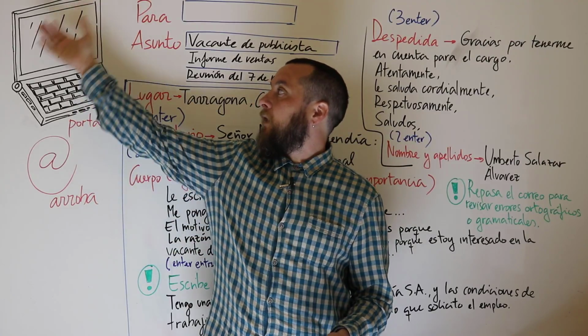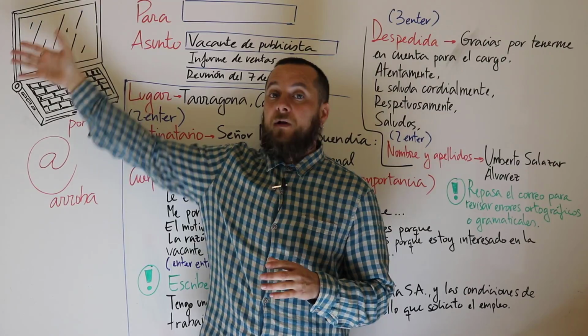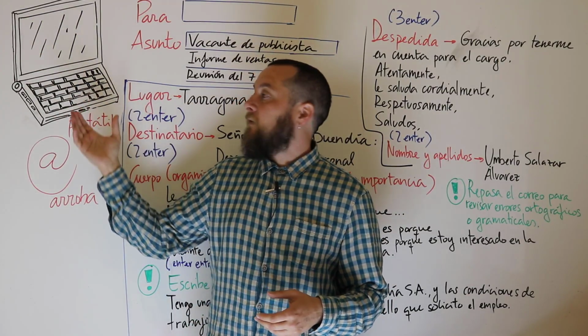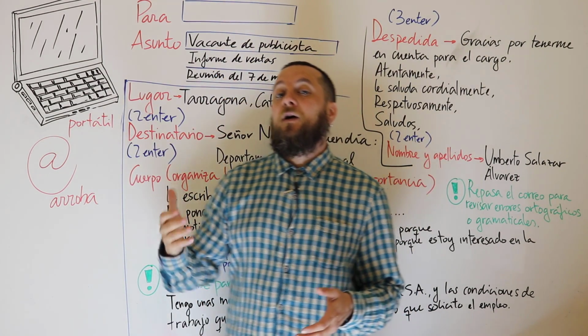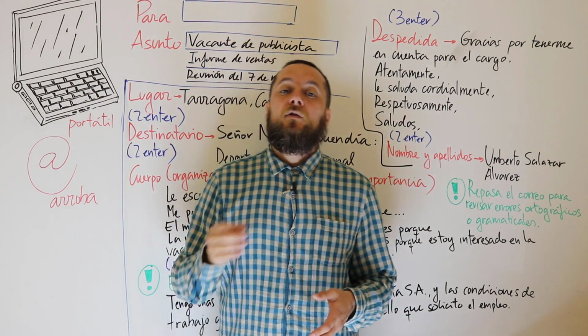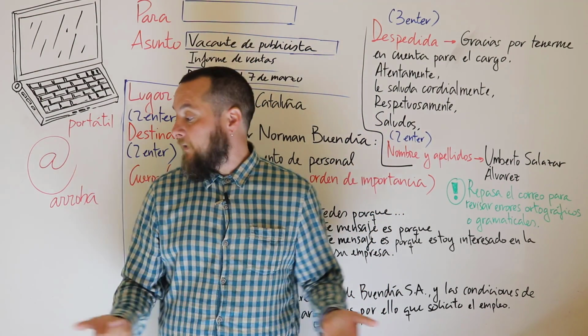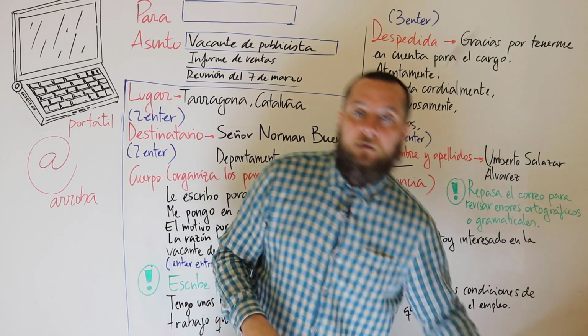If we have other type of this kind of tower with the screen, you know, and they are not together and we cannot bring this with us out of the house, this is a computer, ordenador in Spanish. You can also say computadora, but ordenador is more used, at least in Spain.